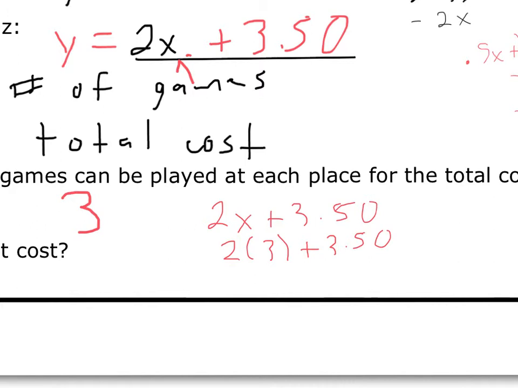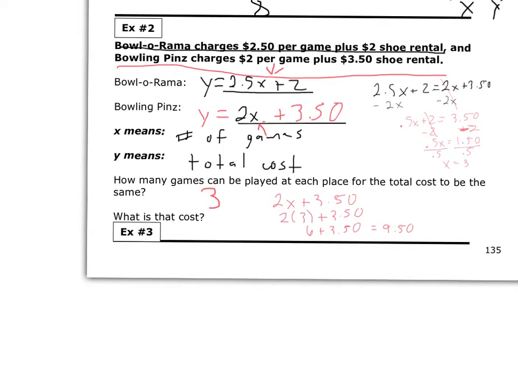And if you multiply 2 times 3, that is 6. And then if you add $3.50, that gives you $9.50. Okay, so what does that cost for 3 games? Well, both places are going to charge you $9.50 for 3 games.